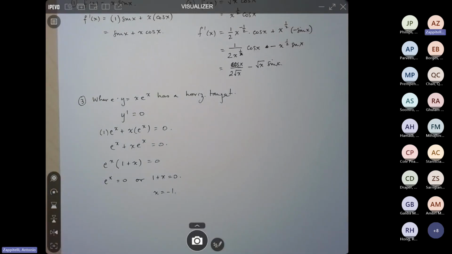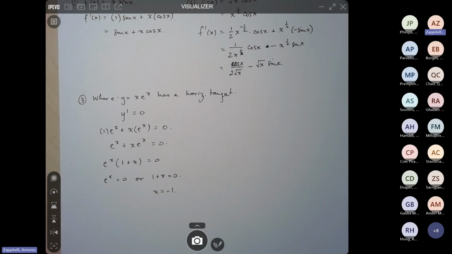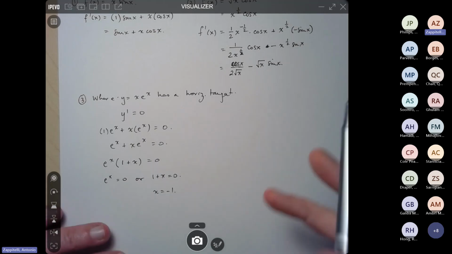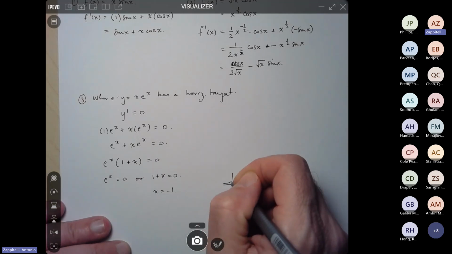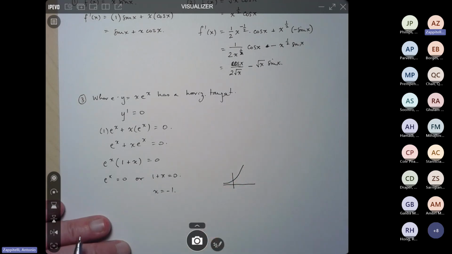There's a couple of ways we can answer this question. When is e to the x equals 0? What value of x makes e to the x equals 0? Can anybody tell me that? There you go. See, again, didn't fall for my trick. So here, remember with e to the x, you can look at it graphically, and you realize, oh, hey, e to the x is always positive.